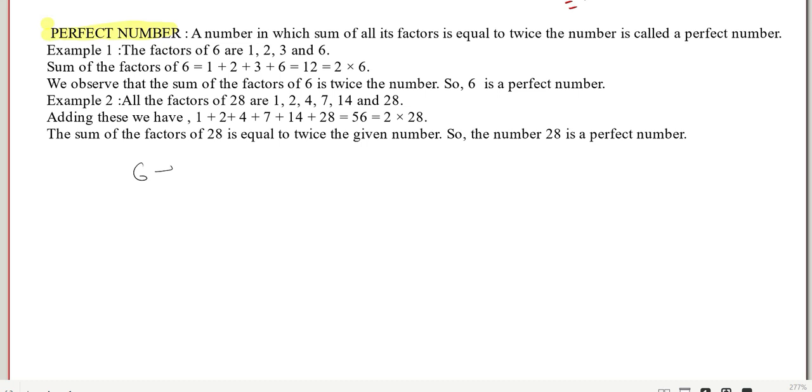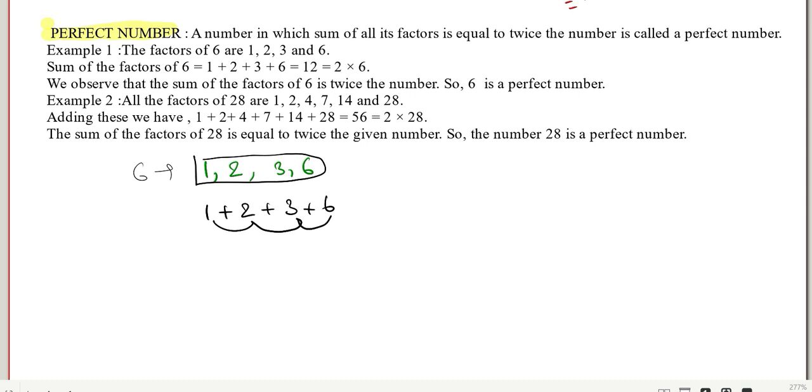Let me list out all the factors of 6. One is a factor of every number, and we can write 2 into 3 as 6, and 6 itself is a factor of 6. So here these are the four factors of 6, and if I take the sum of all the factors of 6, 1 plus 2 is 3, 3 plus 3 is 6, 6 plus 6 is 12.